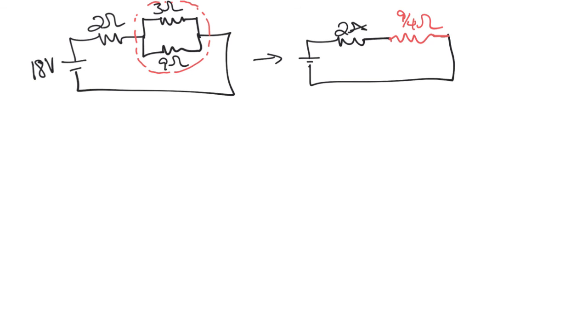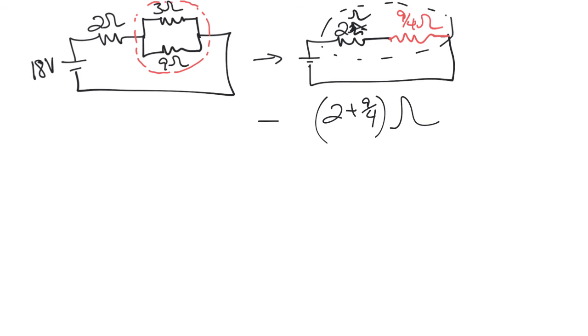And that was 2 ohms. And then you can take this stuff is now in series, and so it's going to be 2 plus 9/4 ohm is going to be that.